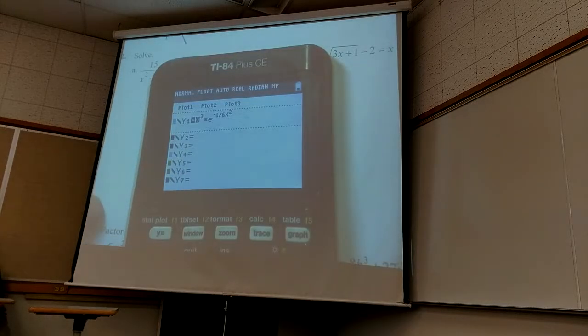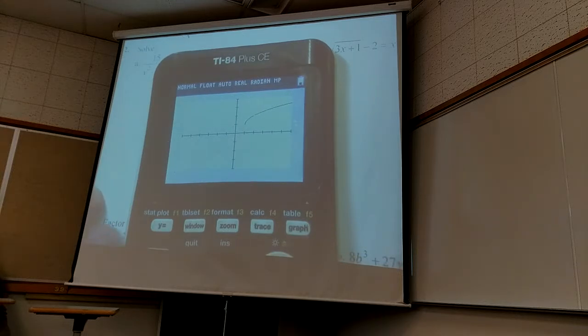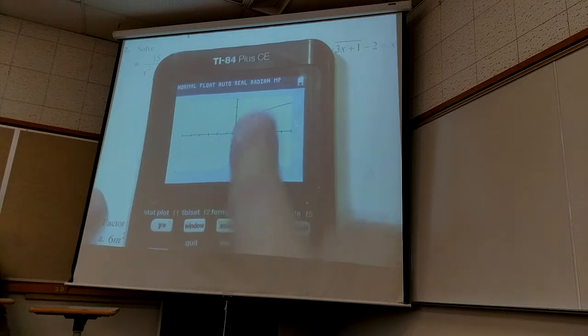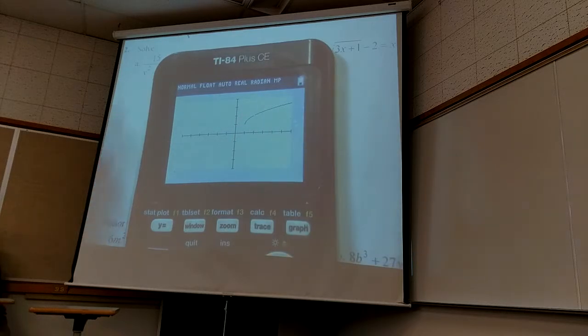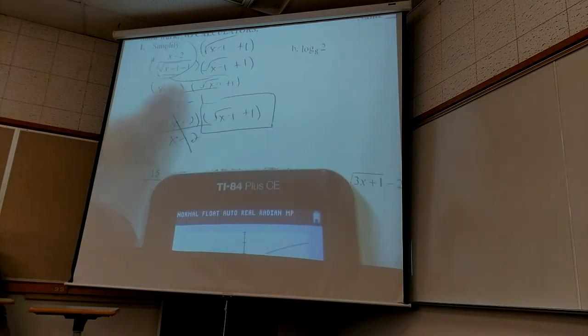If I put in here the original problem, x minus 2, divided by square root of x minus 1 minus 1. There we go. I graph this. Exactly like we said, right one, up one, right? So that's showing you that that is equivalent to this.